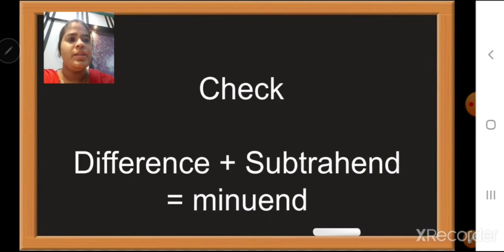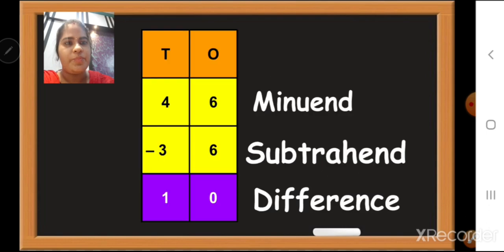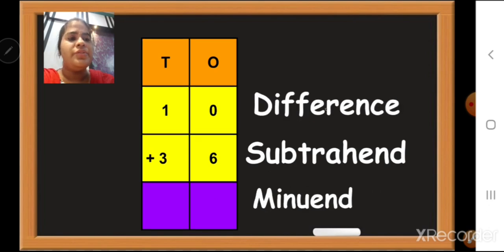Let us see. In short, check is equal to what? How are we going to check? Difference plus subtrahend is equal to minuend. Now children, here I have taken the same example. The difference that we got is 10 and the subtrahend was 36.